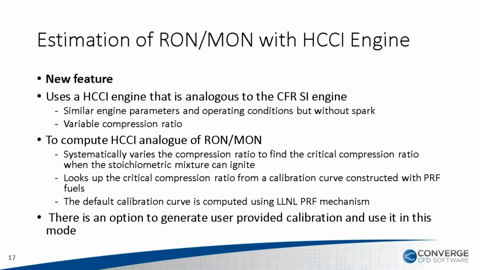We also have an option to use a user-generated calibration curve in this mode. Obviously, you need to generate a calibration curve with a mechanism that has the PRF components, which are isooctane and heptane, and then you can use it instead of our default calibration curve.